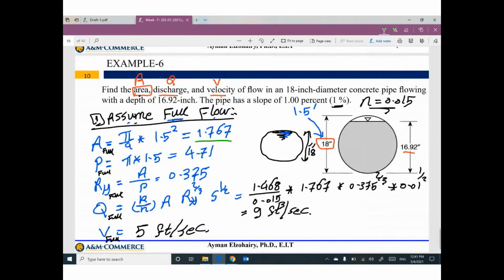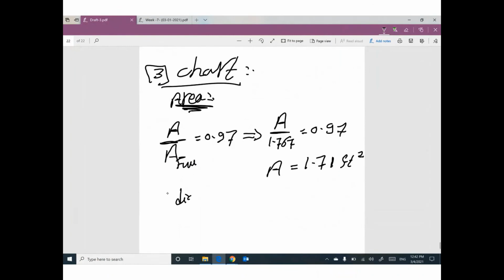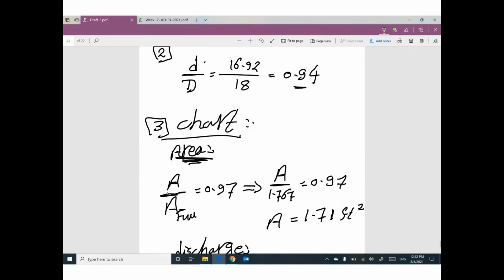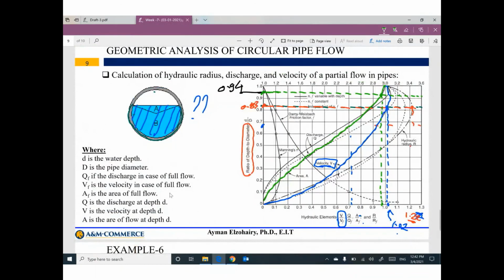Second, we are looking for discharge. What is the ratio between Q and Q full? One more time, depth divided by D is 0.94. Here is the horizontal line.